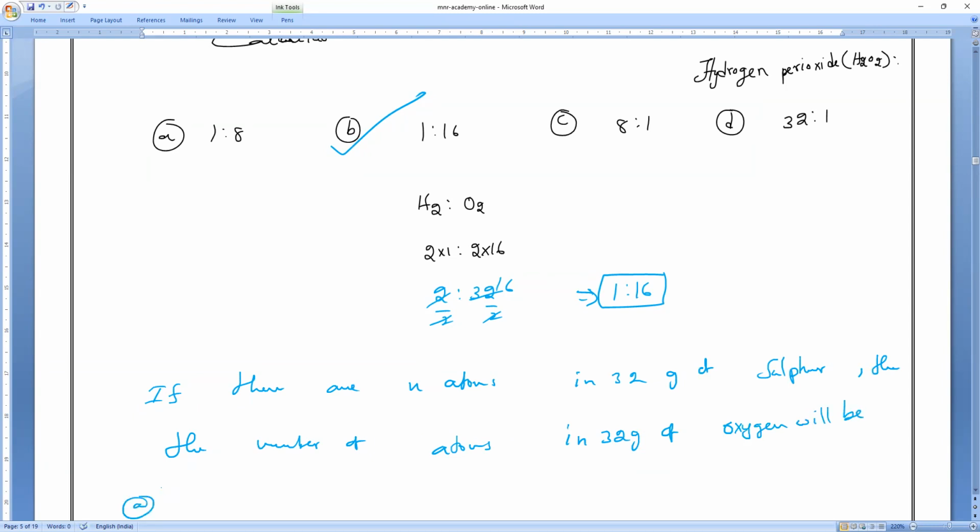Option A, 2n. Option B, n by 2. Option C, n. Option D, 4n. Let me see who will answer.